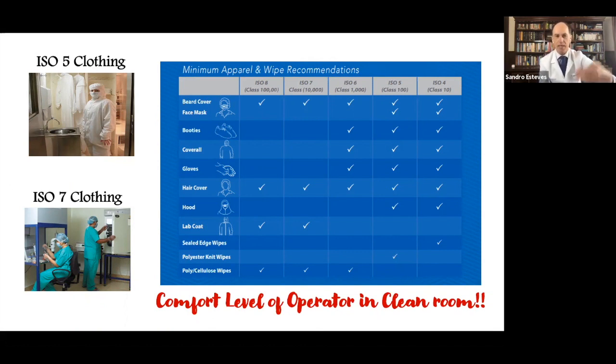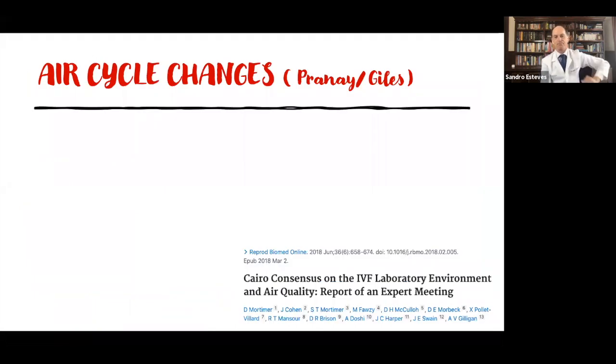We need to cover more in terms of evidence. So I think every single clinic needs to consider risk management analysis and what goals they want to achieve. This is important for consideration, but minimum standards need to be there for everyone to have the minimum air quality control to work with these very sensitive cells, and there are not a lot of protective ways the embryos and the gametes could overcome contamination.